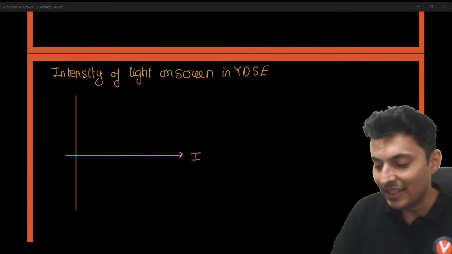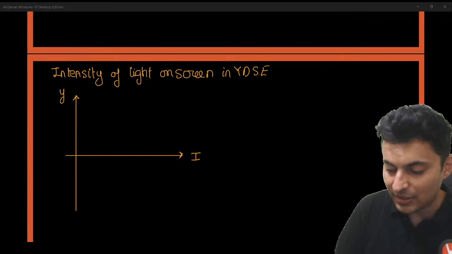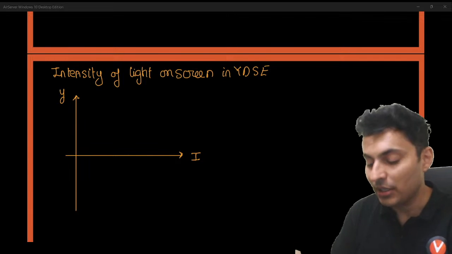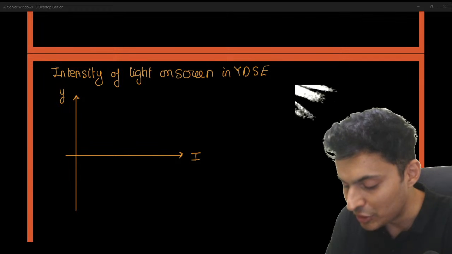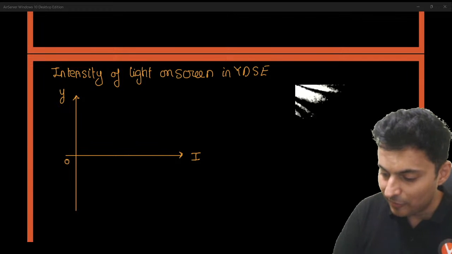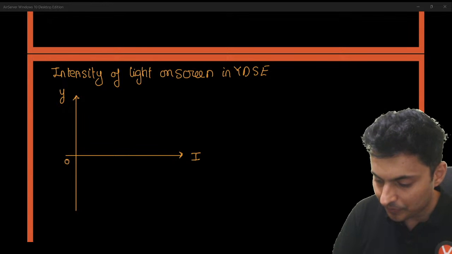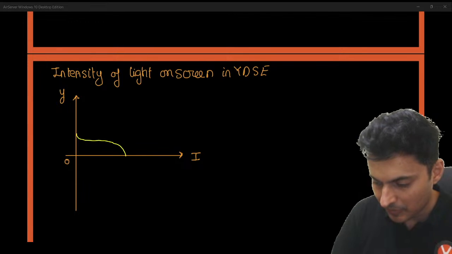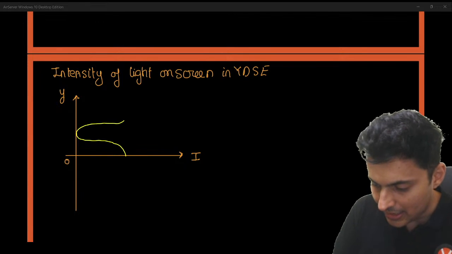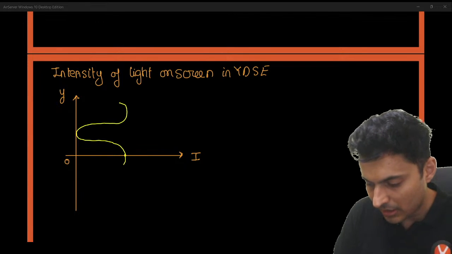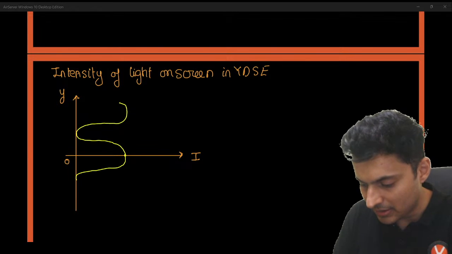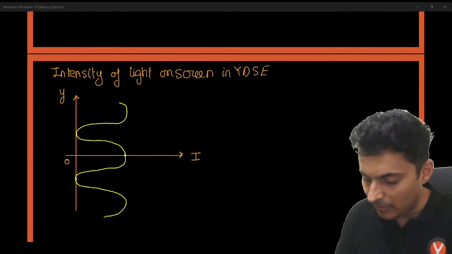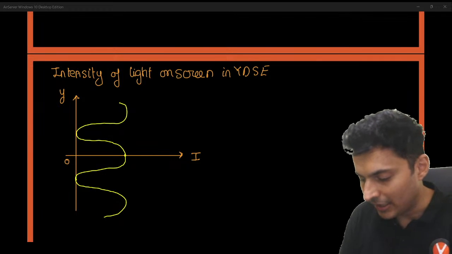Usually you show intensity here and the distance from the center on the screen is shown over here. And this graph looks somewhat like this. It's a little bit interesting. It keeps going up and down, actually left and right over here.